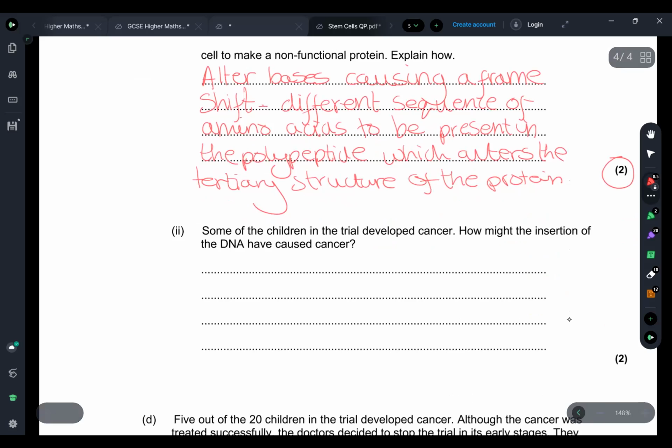Some of the children in the trial developed cancer. How might the insertion of the DNA have caused cancer? So have a think about what might have happened. Something to do with tumor suppressor genes.